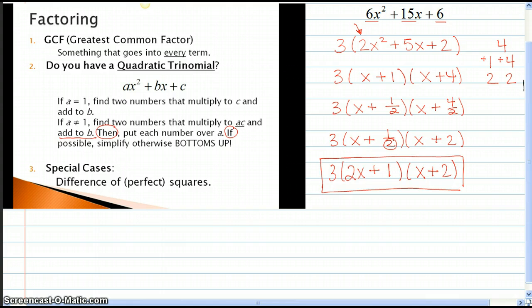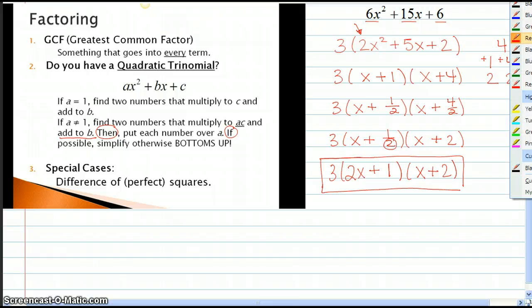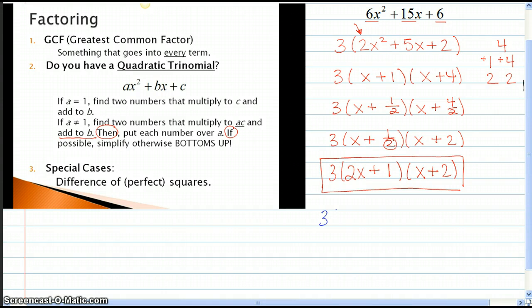To verify, every time that you do these, you should be able to verify that you did it correctly. You should be able to FOIL it out. So I'm going to first just FOIL out the inside part. 2x times x is 2x squared. Then the outer gives plus 4x, then I have the inner and the last.